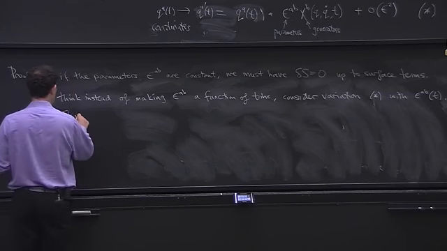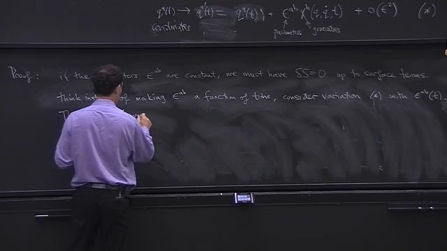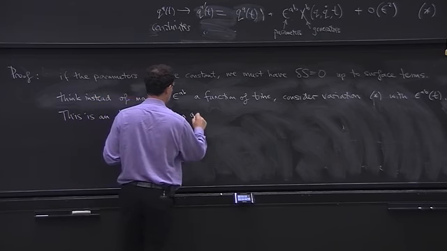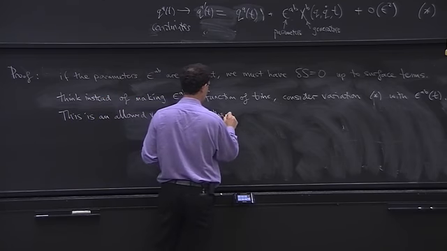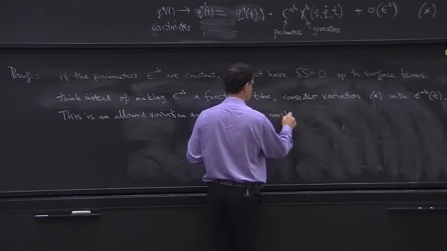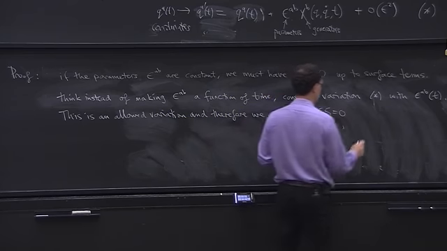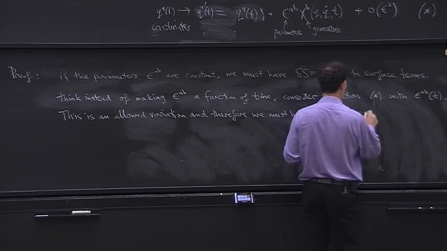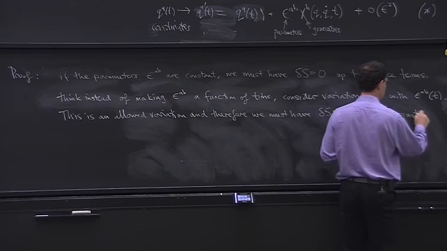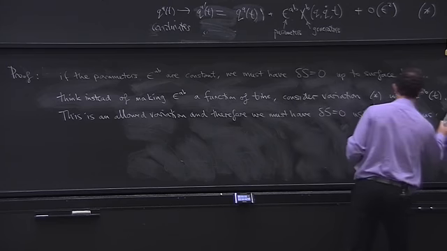This is an allowed variation. And therefore, we must have delta S equals 0 using the equations of motion. Let me say up to surface terms.